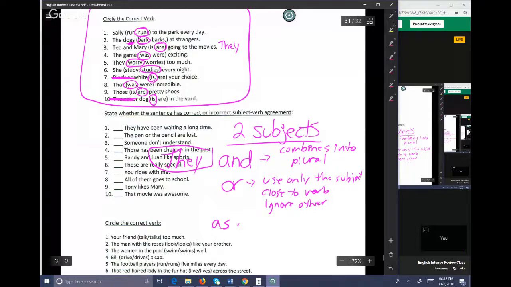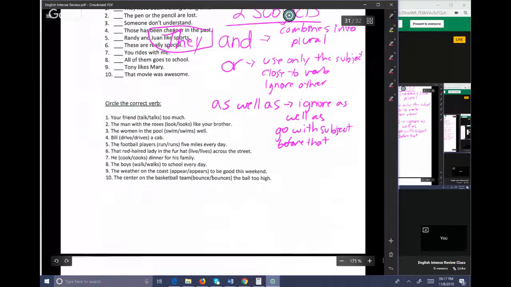And then you have as well as. With as well as, we ignore the as well as part. And what we use is the subject that was before that. So it'll be like Jenny as well as.